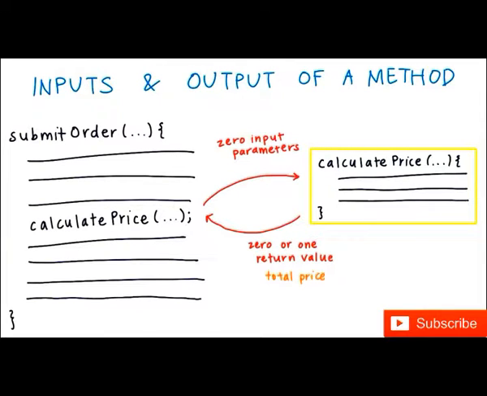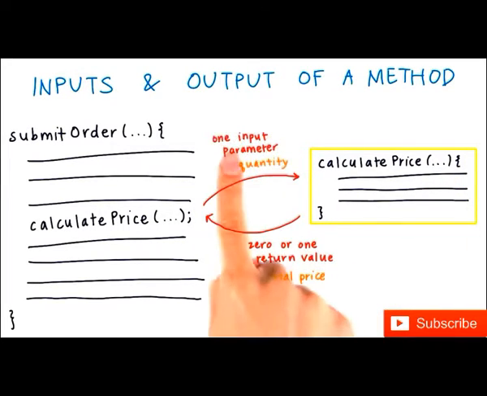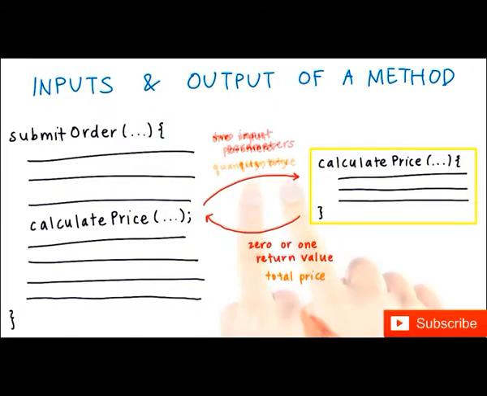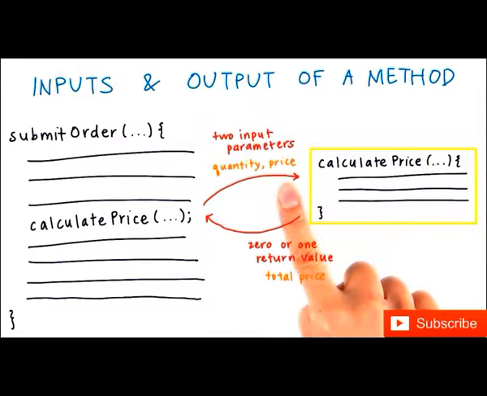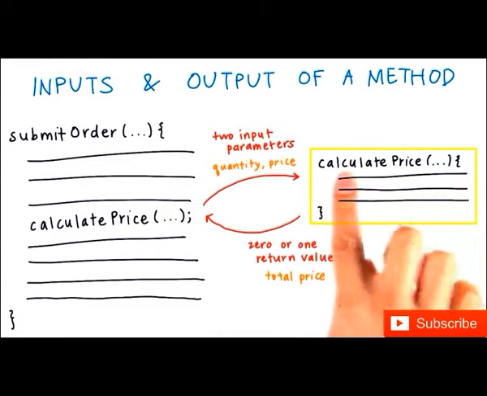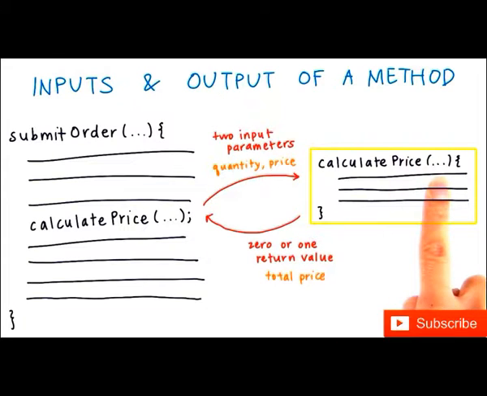Now we're going to go back to the calculate price method, and we're going to modify the method signature so that it has a different number of input parameters. We're going to define it with 0 input parameters, 1 input parameter, and lastly try it with 2 input parameters. You'll see how changing the method signature here to have a different number of input parameters will affect the way the method is called.